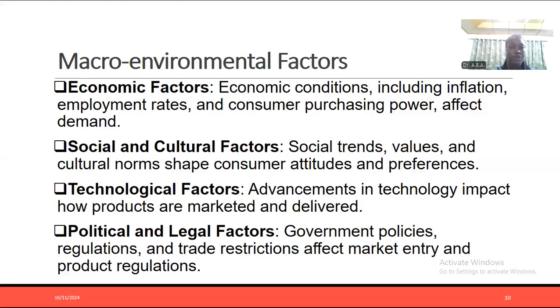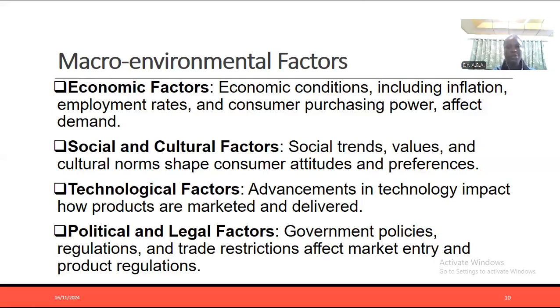Then we have technological factors. The advancements in technology have impacted how marketing is done and how goods are delivered, so this also has an impact on your marketing strategy. And then we have the political and legal factors.